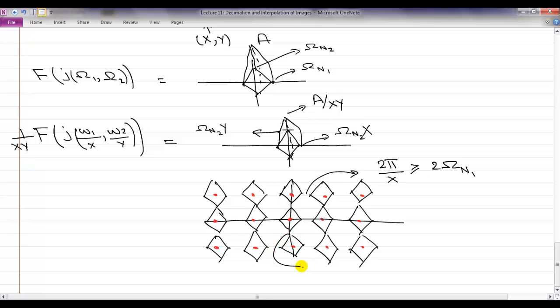Whether or not you have overlap here will depend upon whether or not you satisfy this Nyquist criterion: 2 pi over y is greater than or equal to 2 omega n2. And that goes back to, if Nyquist criterion is satisfied, you can actually verify that this omega n, this should be omega n1, sorry.